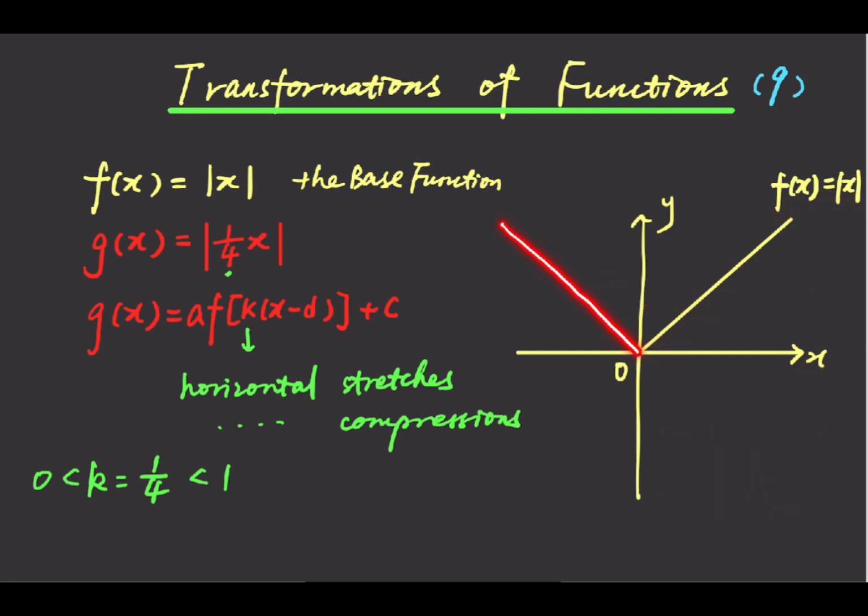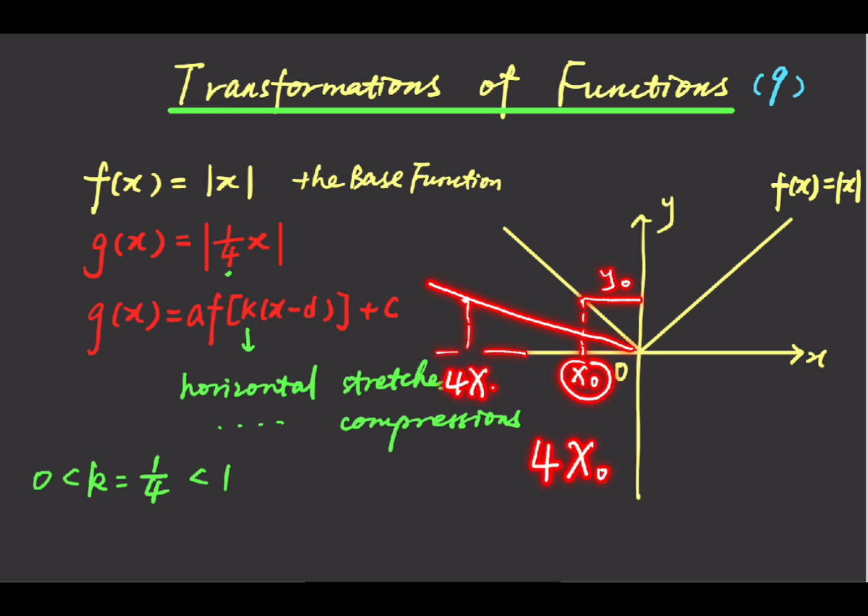For the left branch, we need to do the same horizontal stretch. For this point, we want to keep y0 unchanged, and the new x-coordinate should be got from 4 times x0.